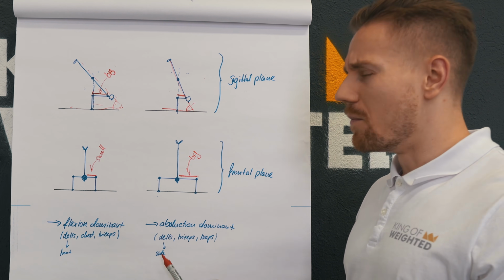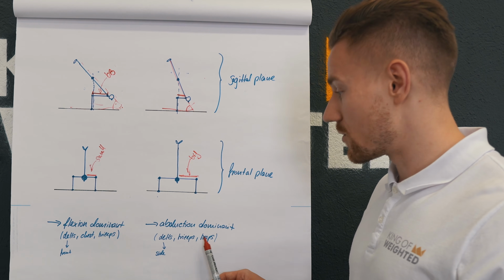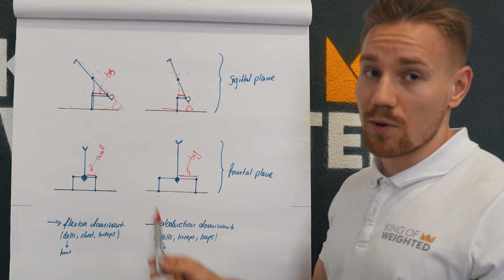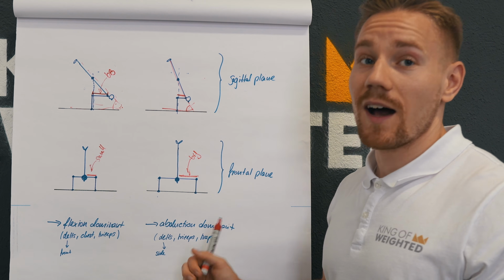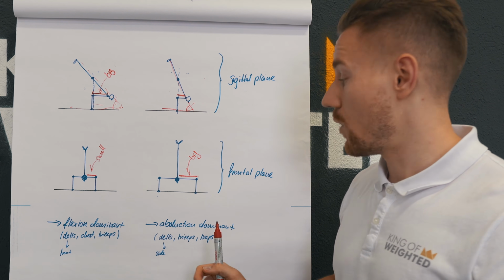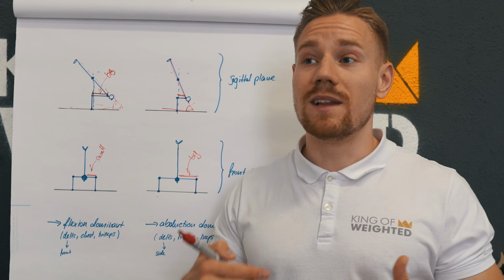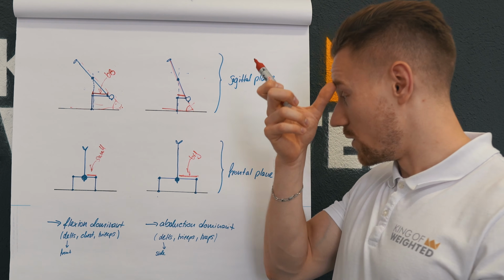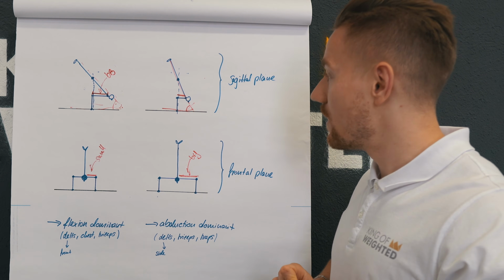We're tackling more of the side delt and more of the upper traps. Triceps is involved highly in both of these variations. Note that this is of course just a very, very simplified way to explain it, as in the real world all levers and all movements are in 3 dimensions and of course not in 2. So it's not precisely, but this is the main difference.